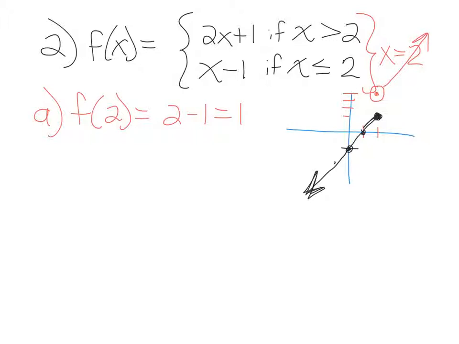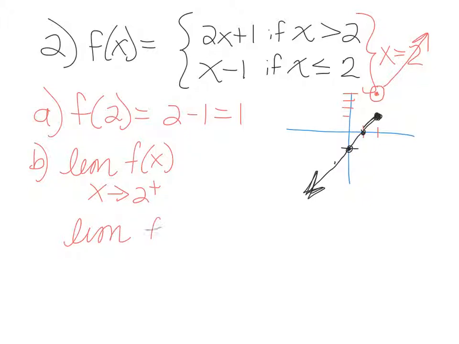Part B, let's study the behavior. The limit of f of x as x approaches 2 from the right, and C, well, that's part of the A also. The behavior is just part of the A. So is the limit of f of x as x approaches 2 from the left.